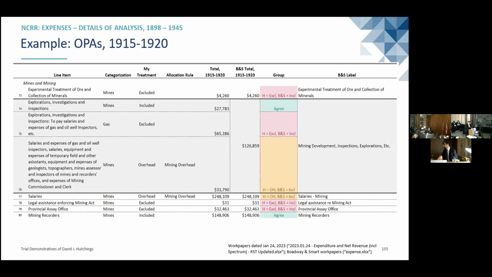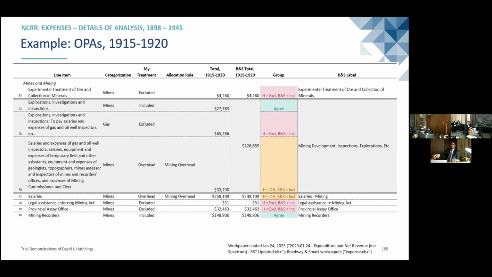And that last bucket of 33,790 is treated as overhead because you can see from the description, it includes gas and oil well inspectors, salaries, equipment, and expenses of temporary field and other assistants, equipment and expenses of geologists, topographers, mines assessors. So it's kind of blended together. There's some mining in there, some non-mining in there. So I included on an overhead basis.